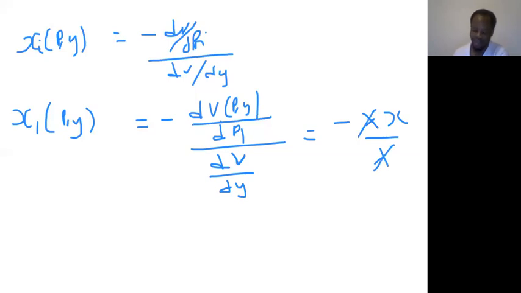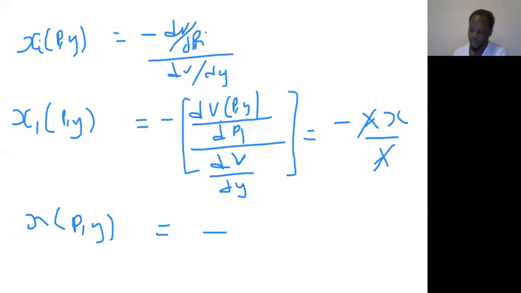So that is true. X, which is a function of p and y, is equal to minus, there's already a minus here, right? So it's going to be minus minus, which makes it positive, right? So you're going to have x, which is true. x(p,y). So it is true.